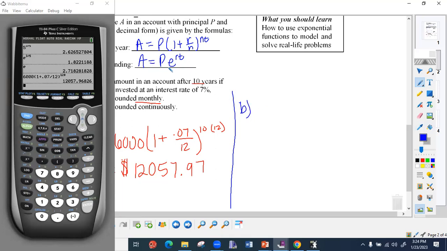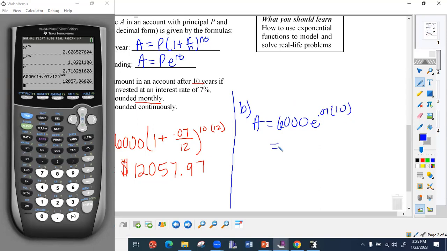All right, on part B, you're now earning interest every hour, every minute, every second, every nanosecond of the day, right? It's compounded continuously. So when you're solving it, your A now equals, your principal is still 6,000, but it's e, your rate is still 0.07, and your time is 10.